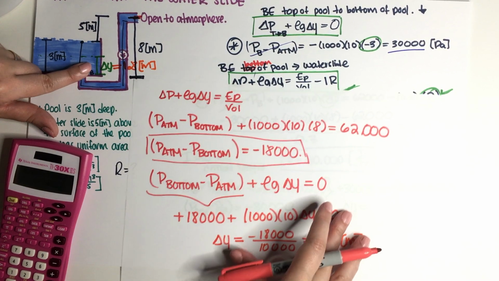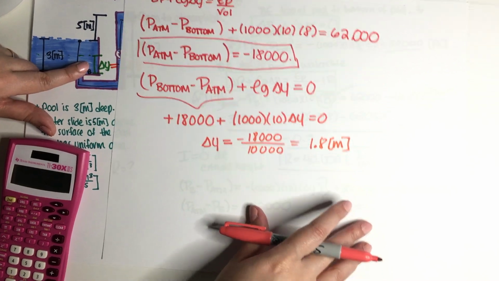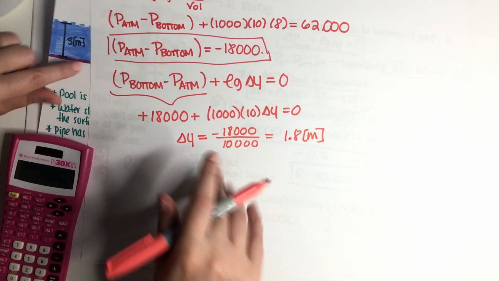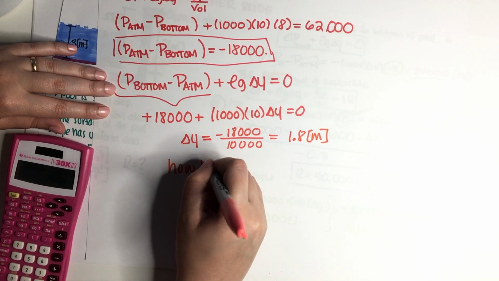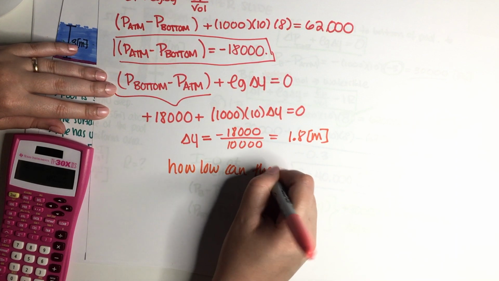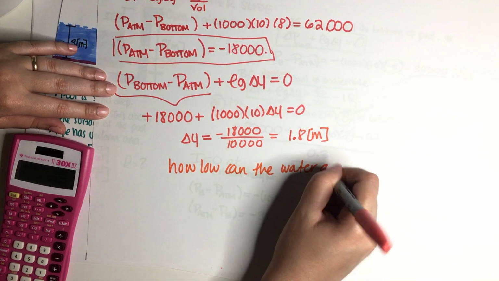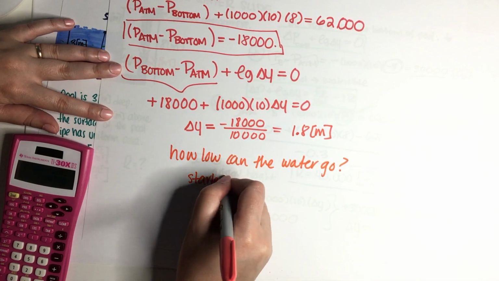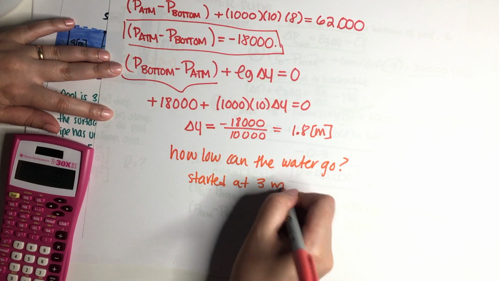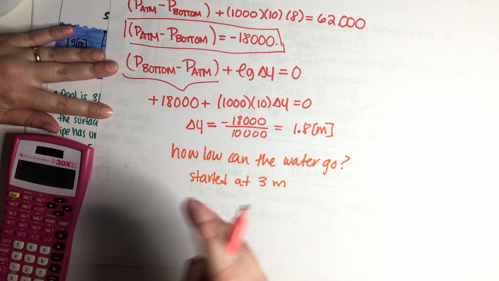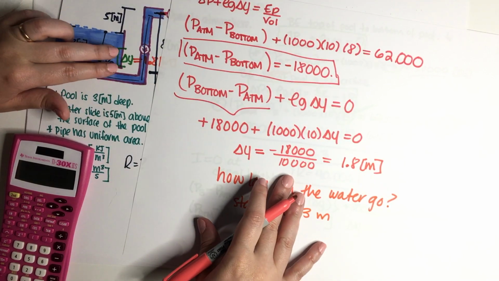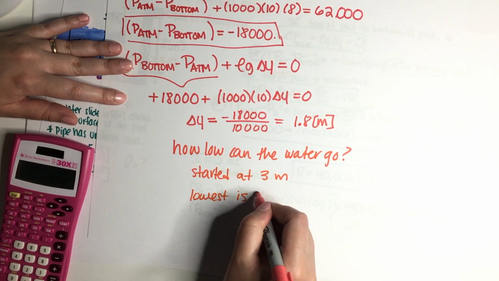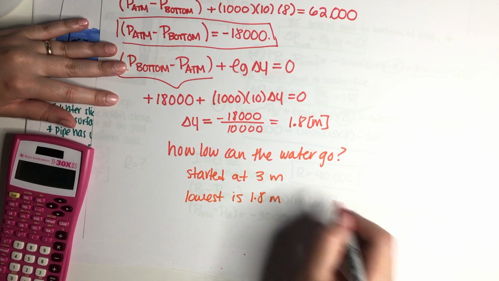But now if you go back to the question, what the question was answering is how low can the water go? So the water started at 3 meters, and then at the lowest level is 1.8 meters.